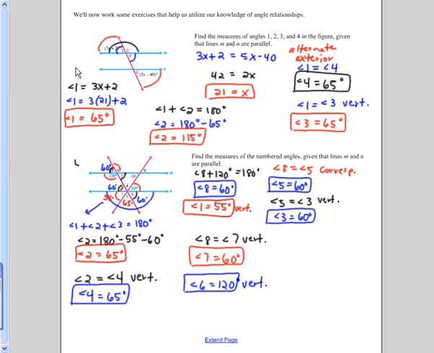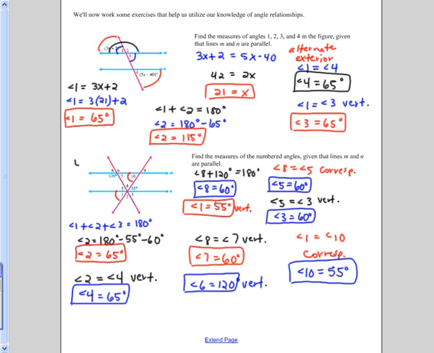And I'm going to erase this one more time just so we can measure and compare. Angle 1 and angle 10 are corresponding. Therefore, angle 10 is the same measure as angle 1, and angle 1 we already know is 55 degrees.